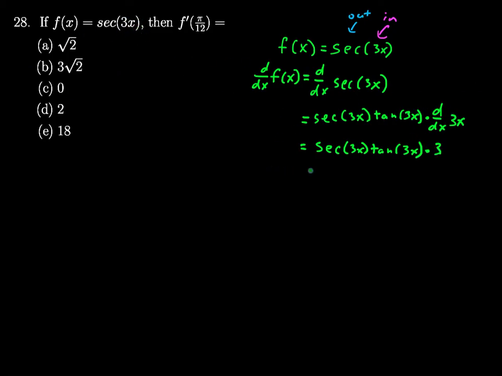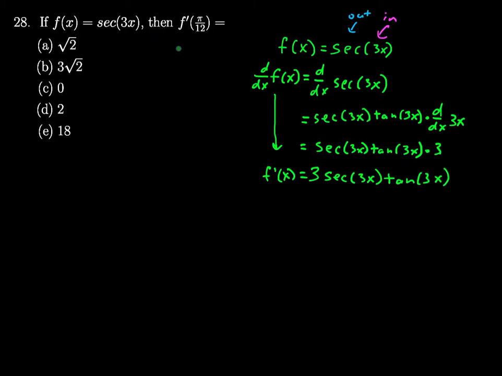So let me rewrite this. The derivative of f of x is f prime of x, that's how we defined f prime. And I always love bringing this 3 out to the front, so we get 3 secant of 3x tangent of 3x.